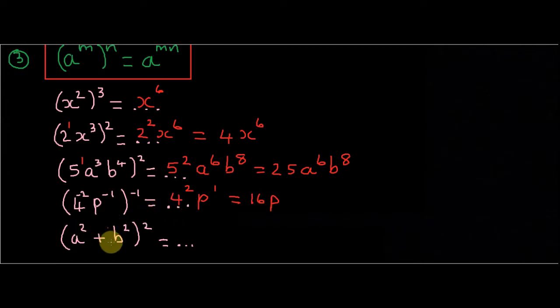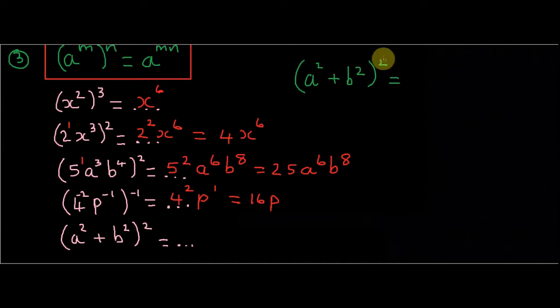Many people will make a mistake here. They will say that a squared plus b squared all squared is equal to the following. Should be a square here.